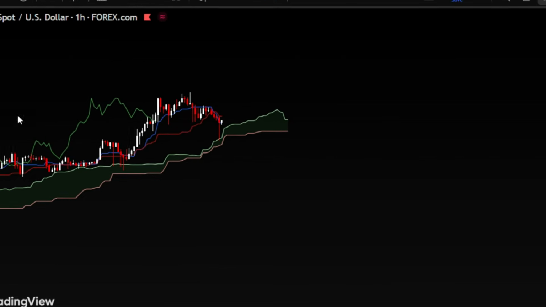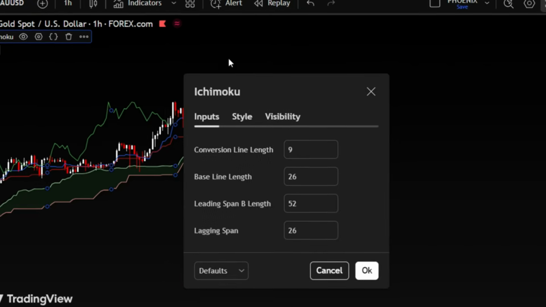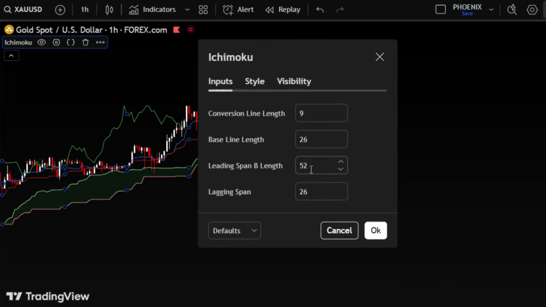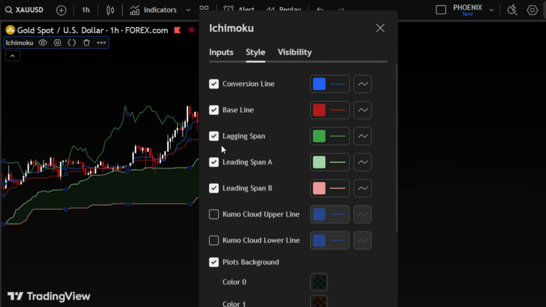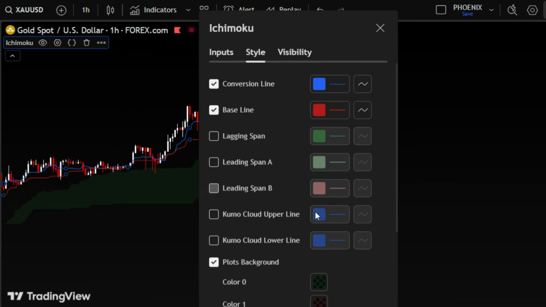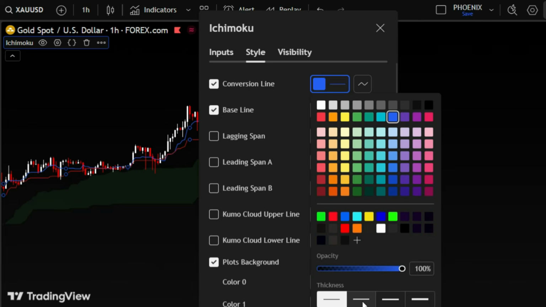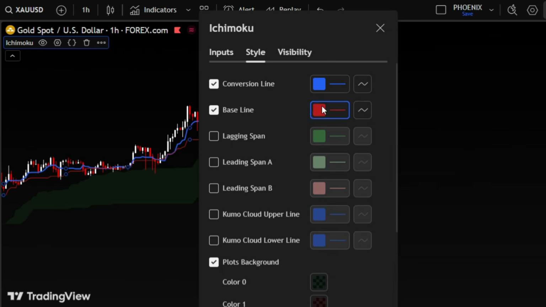Now let's make a few quick modifications. Open the indicator settings, go to the inputs, and set the leading span B length to 108. Then switch to the Styles tab. Keep the conversion line, the baseline, and of course, the cloud itself, but you can uncheck the rest to keep the chart clean and completely focused.